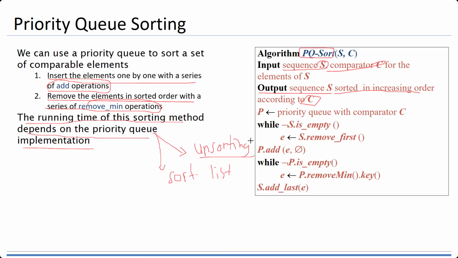If you are using the unsorted list, you will do the add at the end, and then when you find the minimum, you will do the sorting. If you do it with the sorted list, you do the add with the sort, and then just find the minimum, which is the first position of your list.